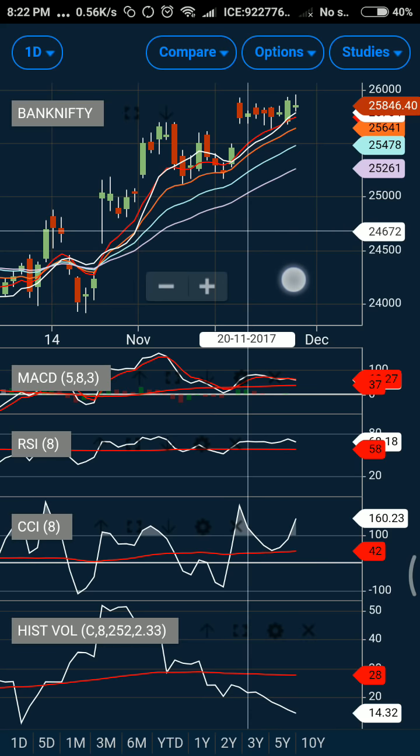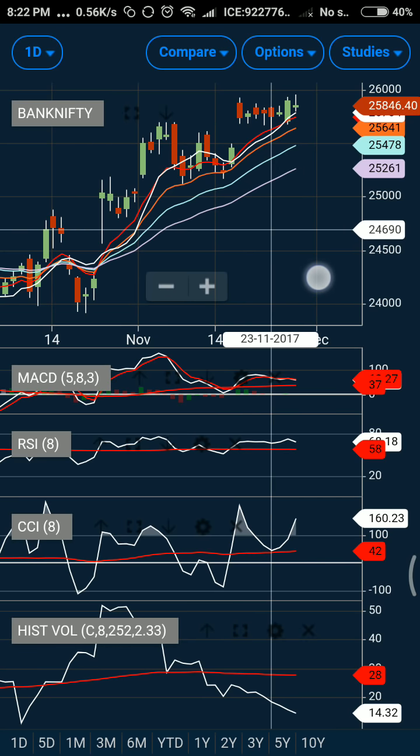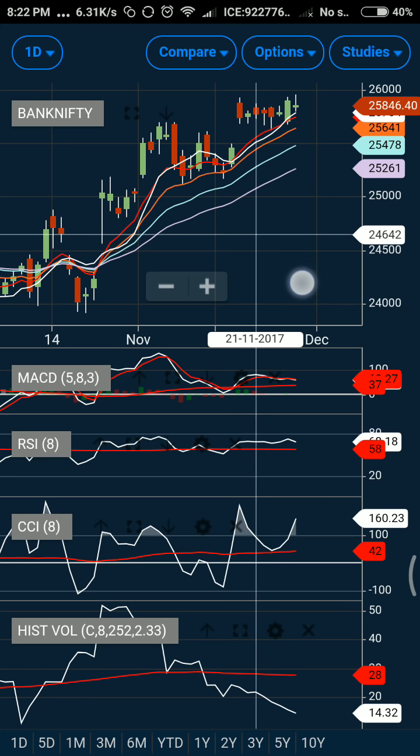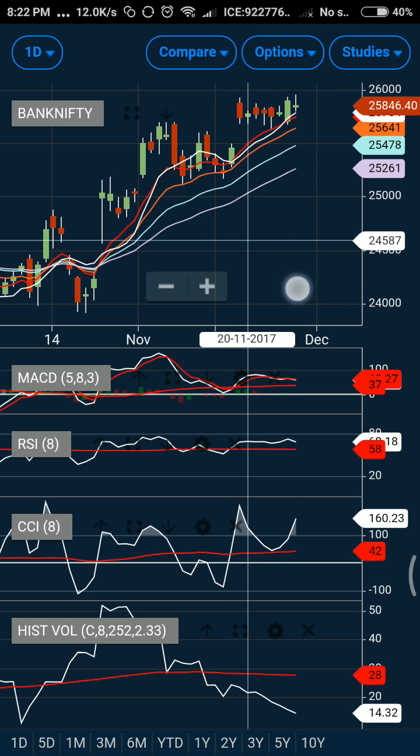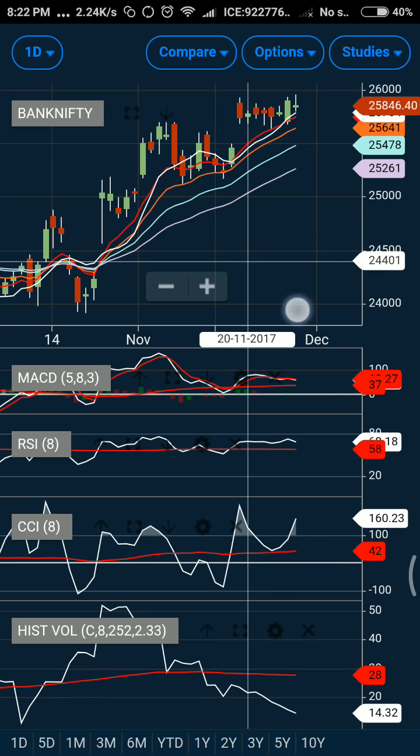I can see a very strange kind of position on the put side because I can see bearish positions at 25,800, 26,100, 26,200, and I can also see put writing in between, like 25,600, 25,700, 25,300, 25,400. On a lower side I can again see put long covering and put writing.